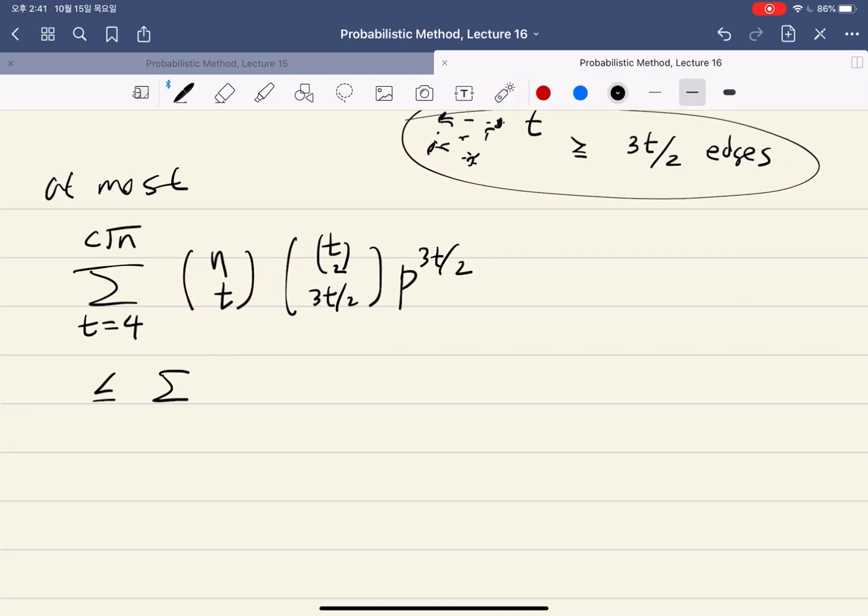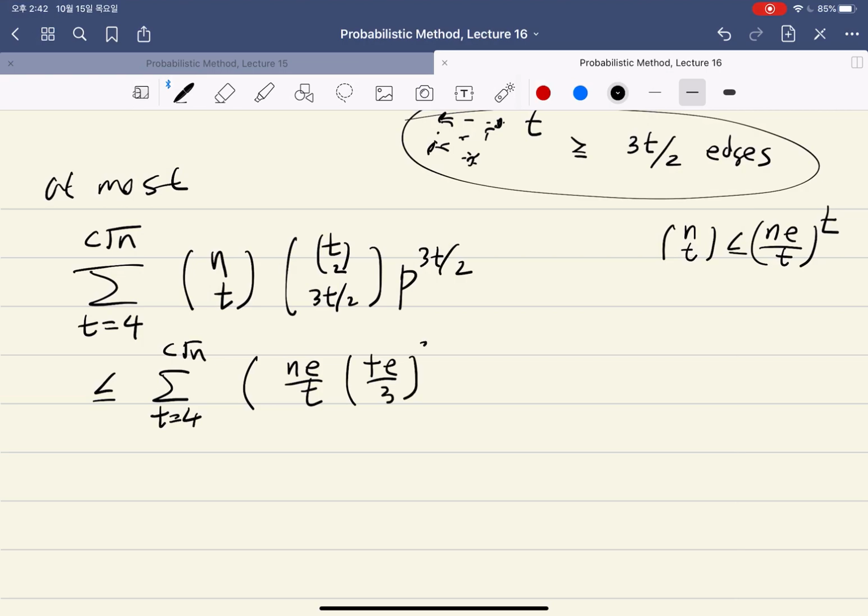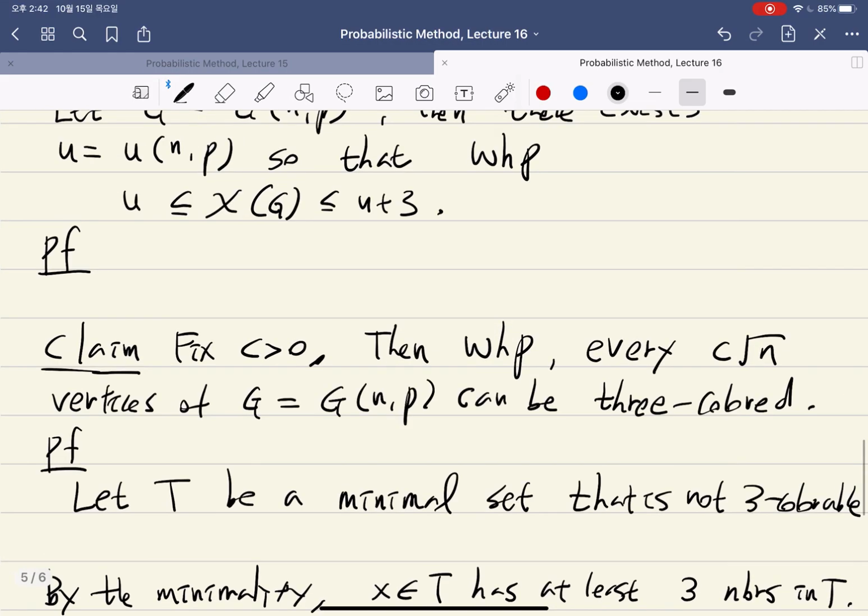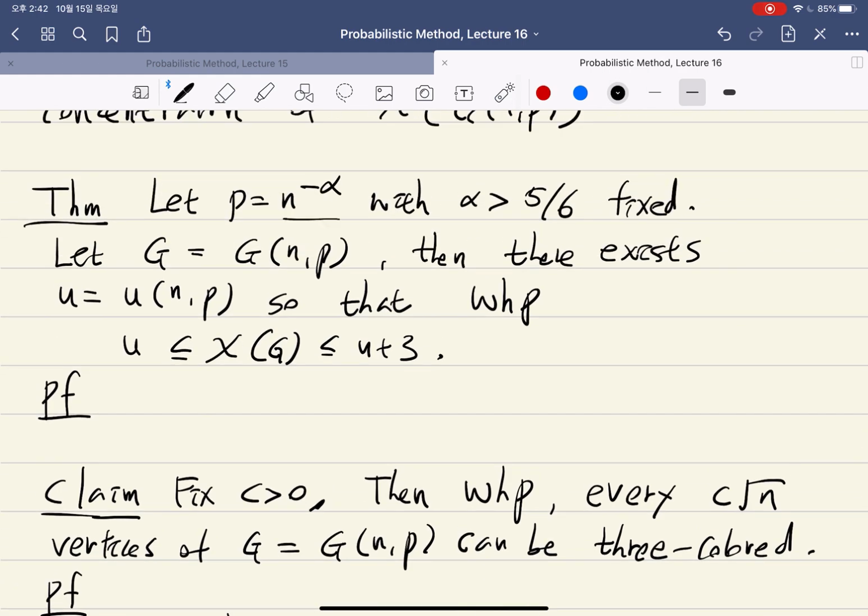Then this can be rewritten, using that n choose t is at most (ne over t) to the t. So we use this inequality. Then you have this. So p is n to the negative alpha.